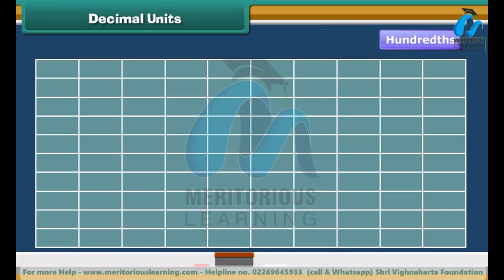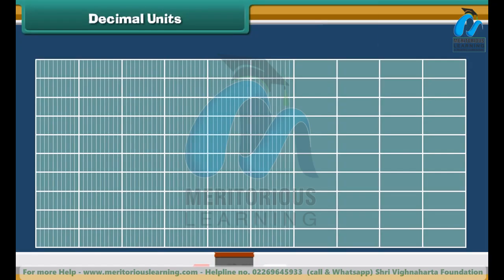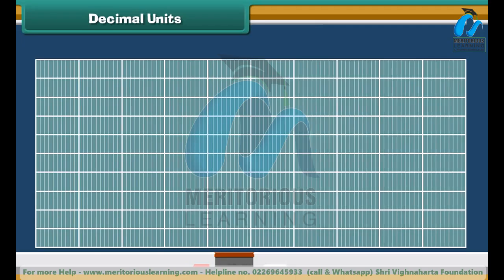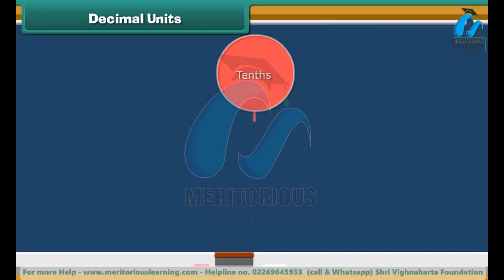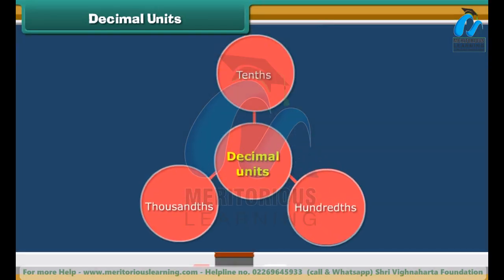Dividing those rectangles into 10 smaller rectangles, we have 10 times hundredths or thousandths parts of 1, that is thousandths. So, the fractions tenths, hundredths, thousandths are called decimal units.